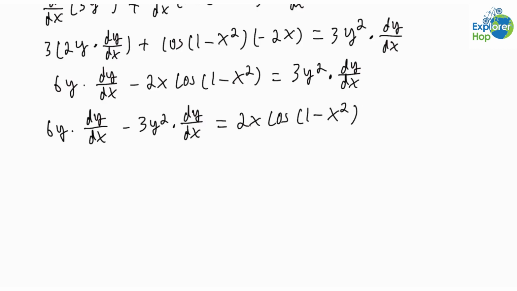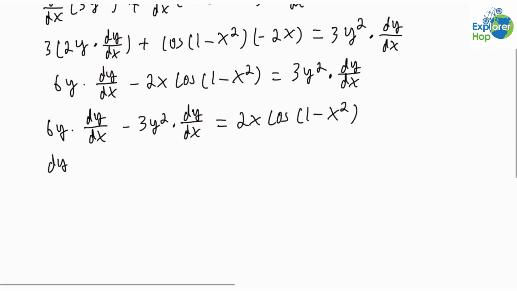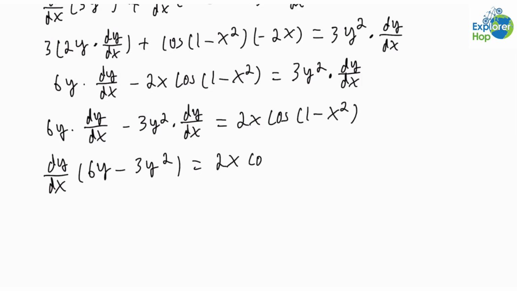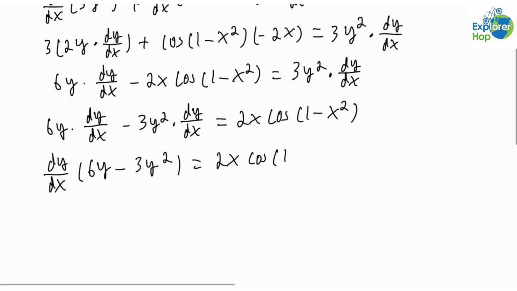And factoring out dy over dx, we get dy over dx times 6y minus 3y squared is equal to 2x times cosine of 1 minus x squared.